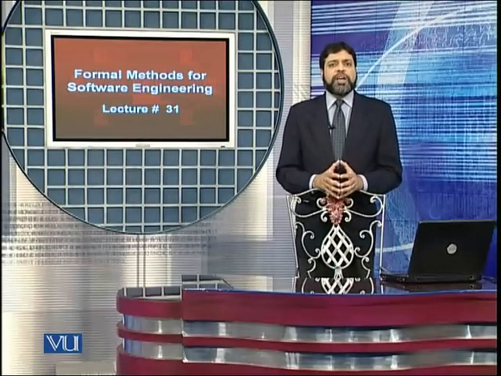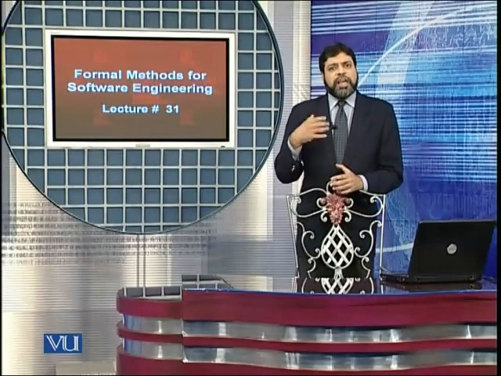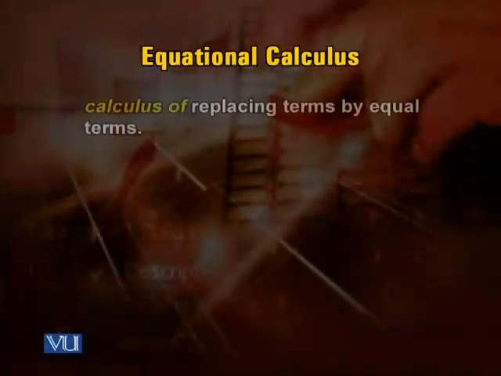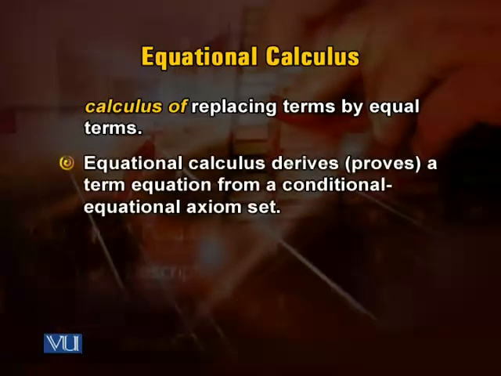Now, let us go back once again onto the slide and look at some of these concepts in more detail. Let us first look at what is meant by equational calculus. Equational calculus is a calculus of replacing terms by equal terms. Equational calculus derives or proves a term equation from a conditional equation axiom set.